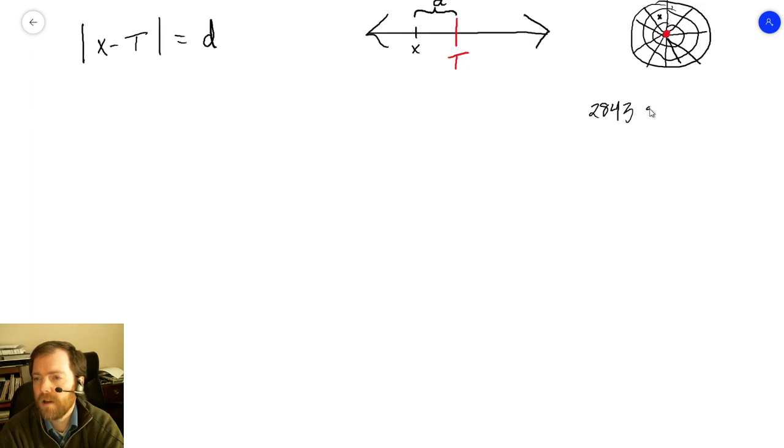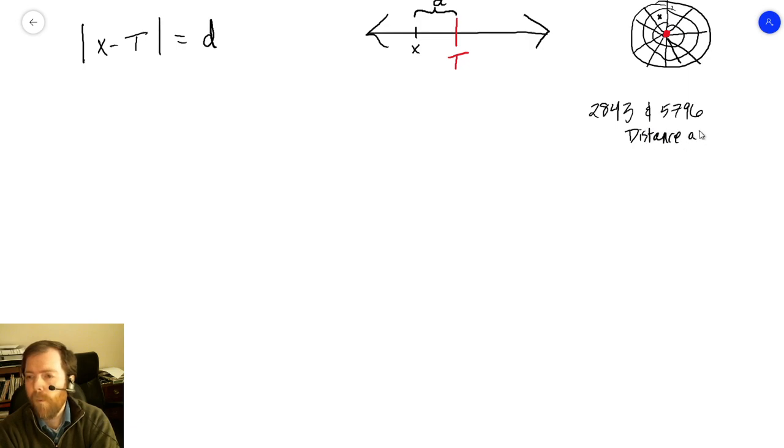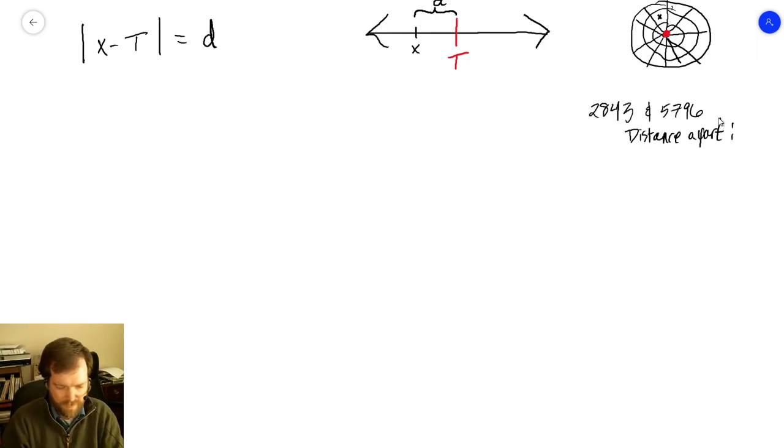say 2,843 and 5,796. If you wanted their distance apart, you could take any particular value.